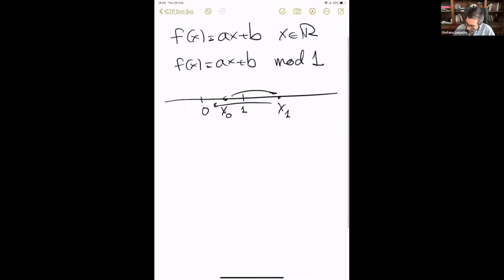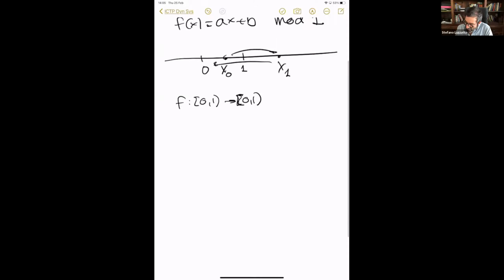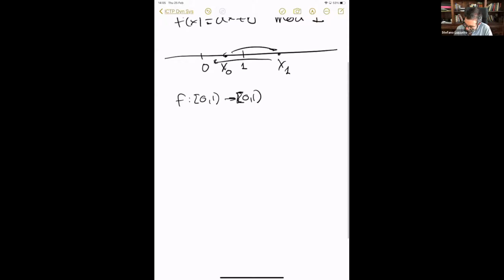So now, when we take mod 1, this becomes a map from 0, 1 to itself, because we always take a number between 0 and 1. And in fact, 0 and 1 are identified, right? Because 1 mod 1 is 0. They're the same point. So it is sometimes useful to think of this mod 1 as a map of the circle.